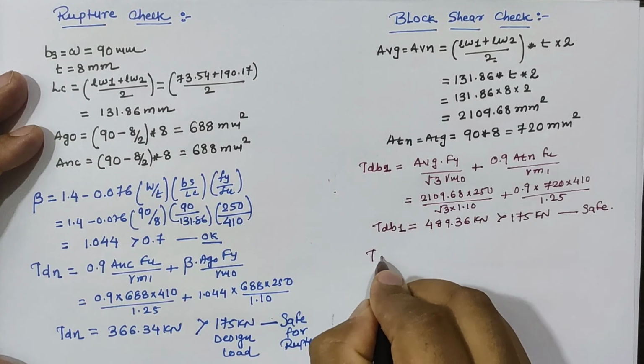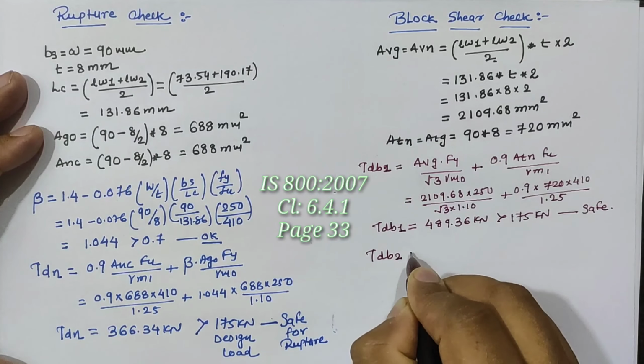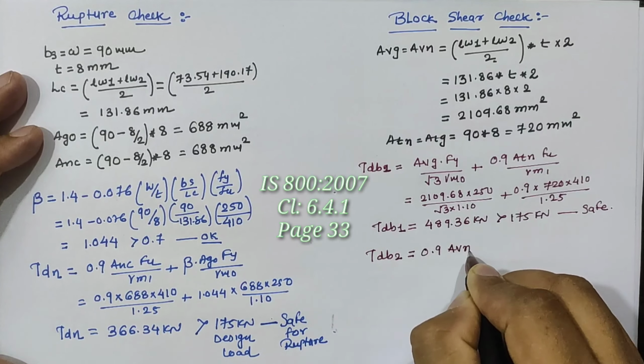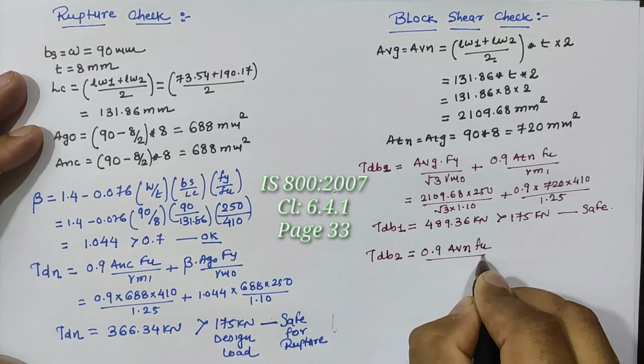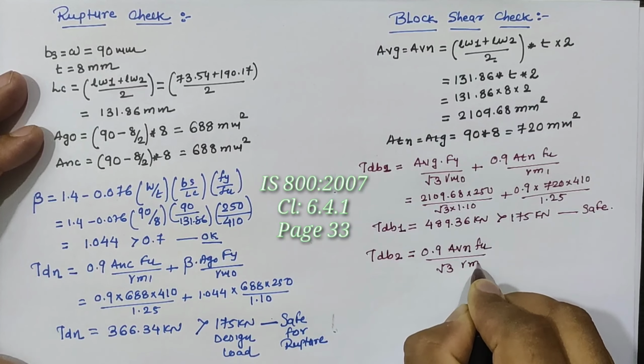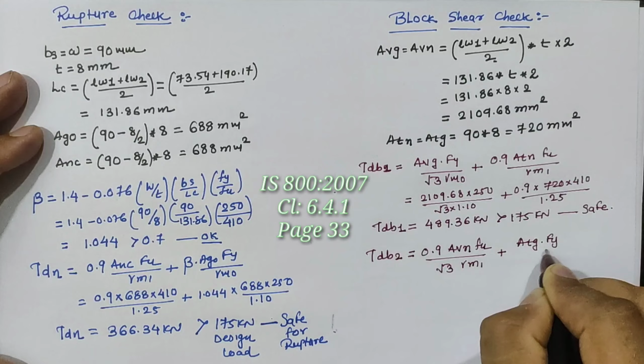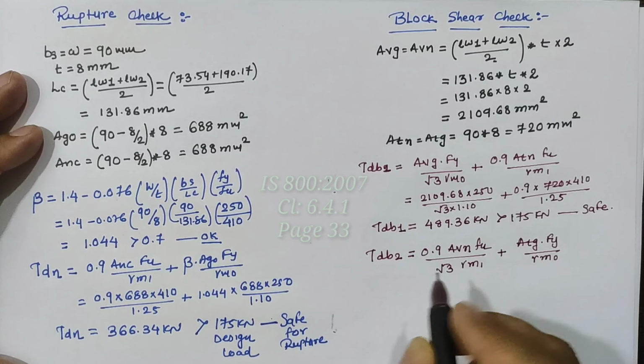And in codal provision, one another equation is given, Tdb2, as 0.9 Avn Fu by root 3 gamma m1 plus Atg Fy by gamma m0.